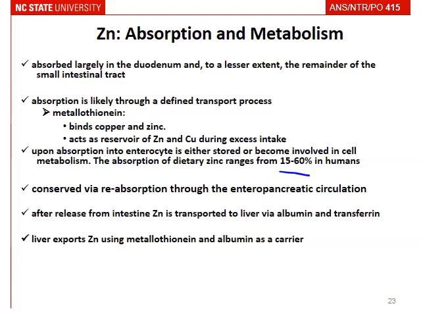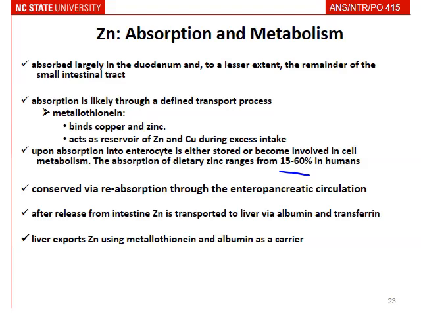And this range is so great because it all depends. If we consume lots of zinc, we're going to actually be less efficient at absorbing it, whereas if we're deficient in zinc, we're going to be more efficient at absorbing it. So that's why the range is so great, between 15 and 60%.